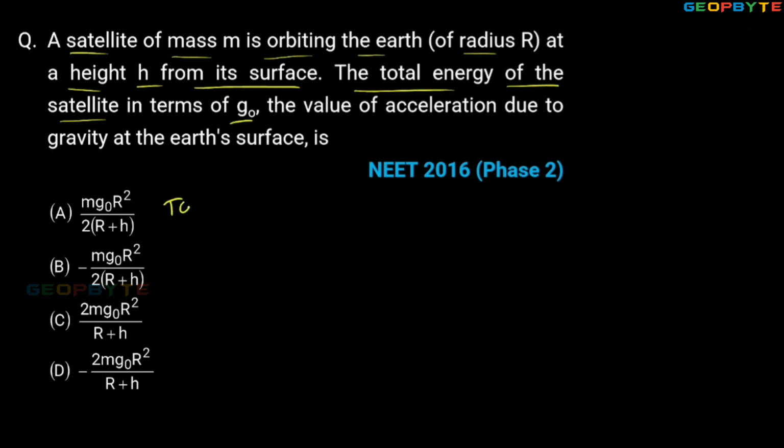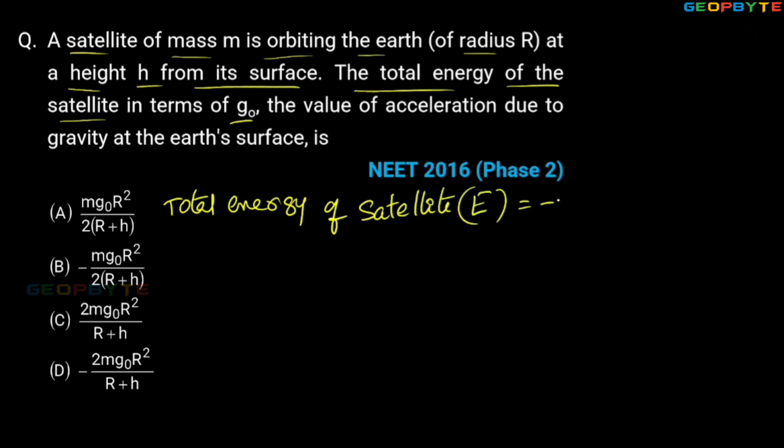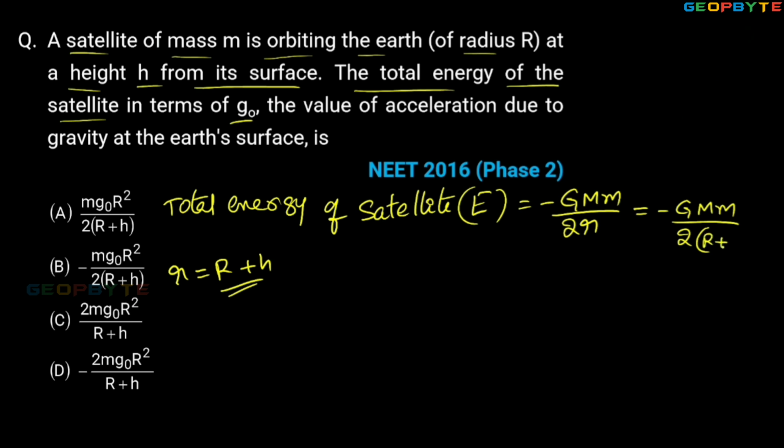Here total energy of the satellite, that is E equal to minus G capital M small m by 2r, where r equal to R plus h, because it is given the satellite is orbiting at a height of h from the surface of the earth. Okay, right? It can be written as minus G capital M small m by 2 into R plus h.